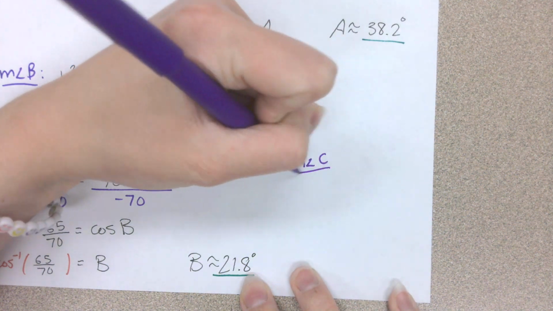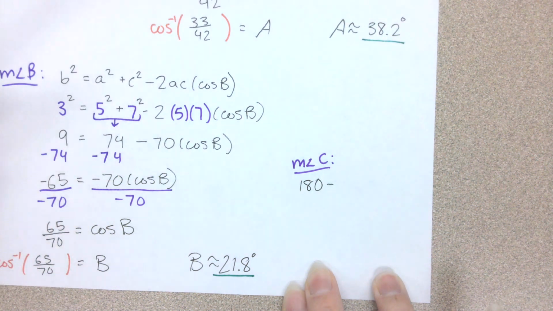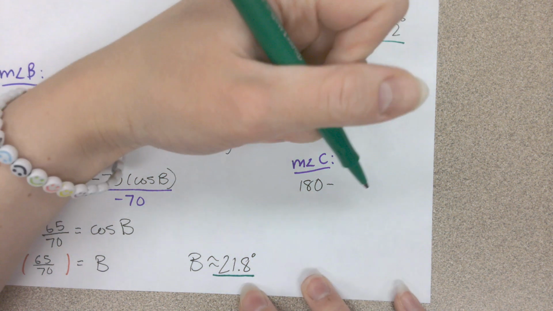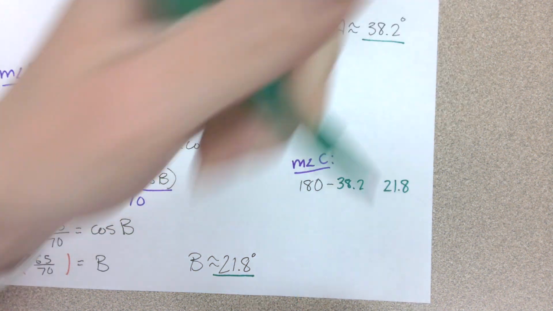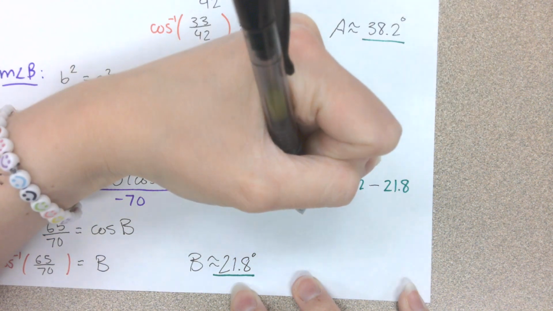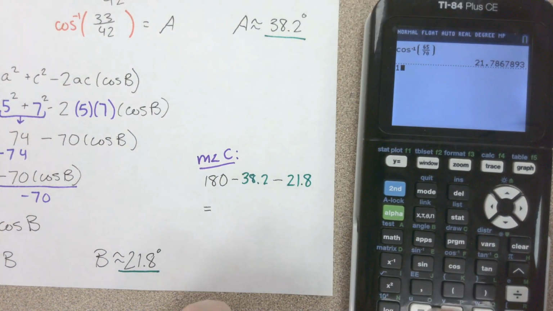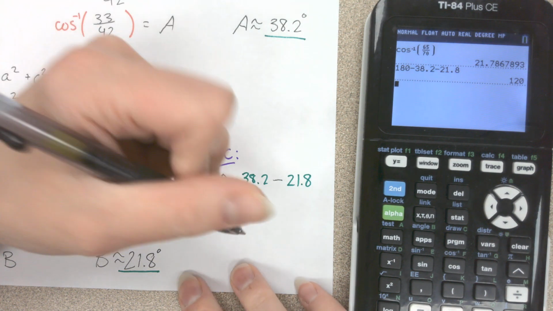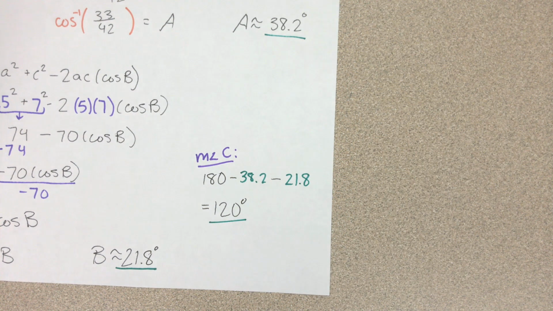Measure of angle C. We have 180 minus 38.2 and 21.8. That's 120. So that is our final angle.